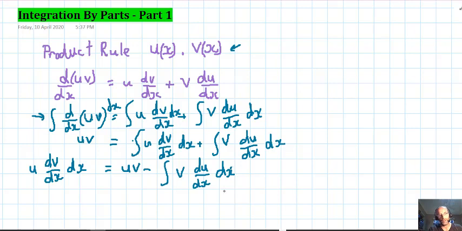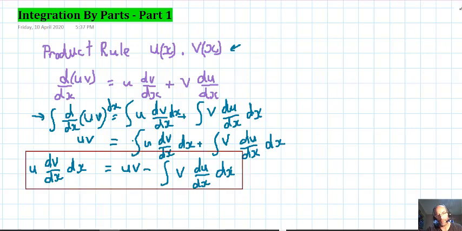Now that essentially is the rule for integration by parts. Okay, so the integral of u dv dx dx equals uv minus the integral of v du dx dx.